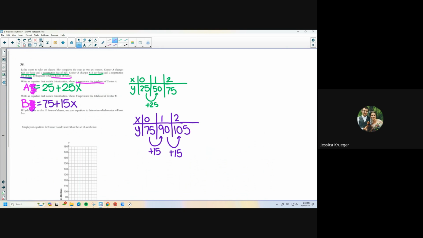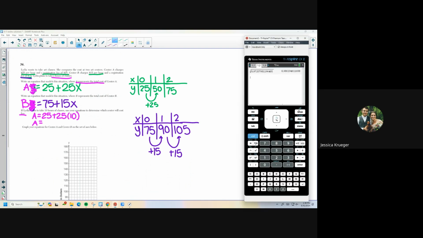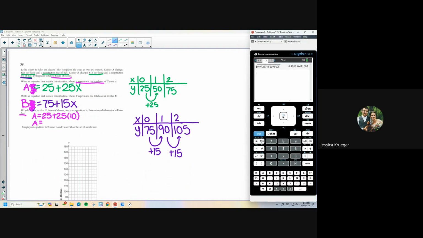If Lydia wants to take 10 hours of classes, use your equations to determine which center will cost less. So 10 hours. And again, you do not need to show all these calculations. You can just type this into the calculator.